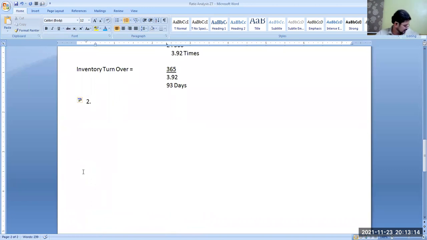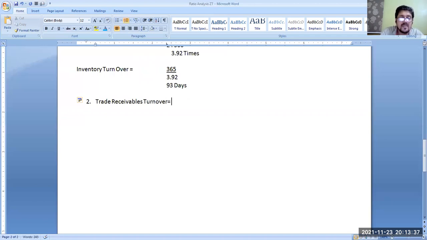Now the second efficiency ratio is trade receivables turnover.